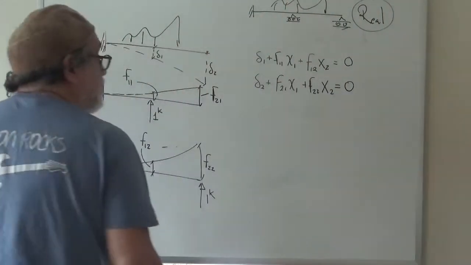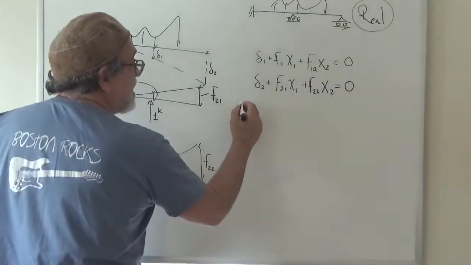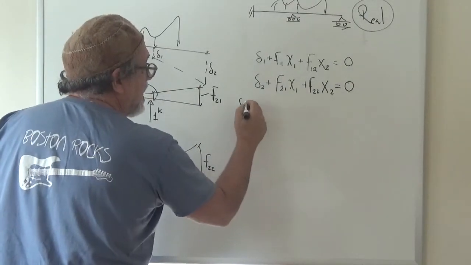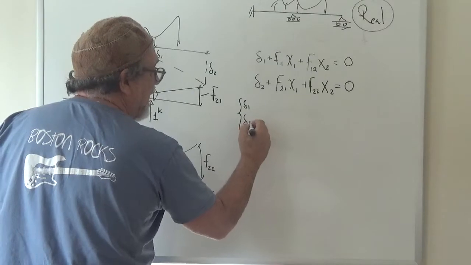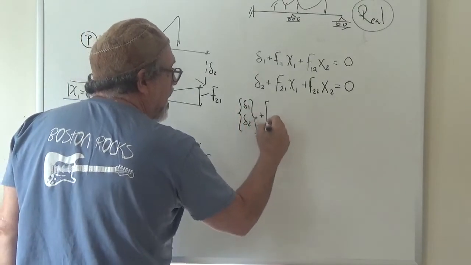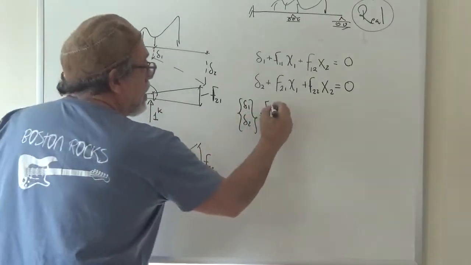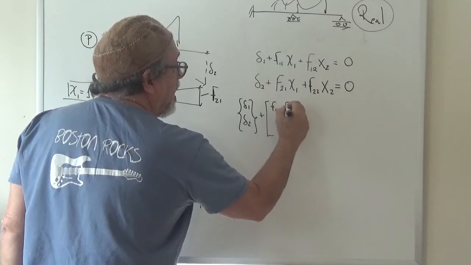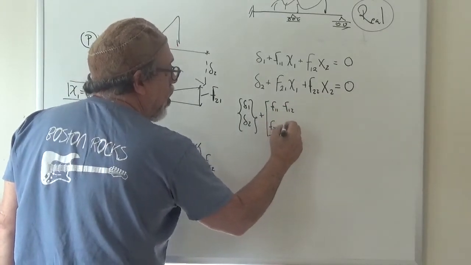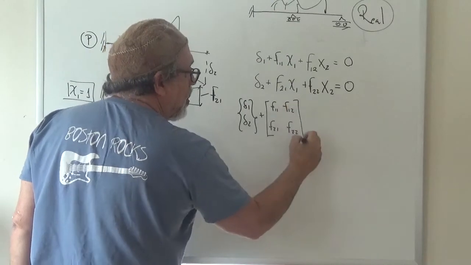Now, normally we write this like this. I mean, not normally, but gathering in a matrix framework. This would be f11, f12, f21, f22.